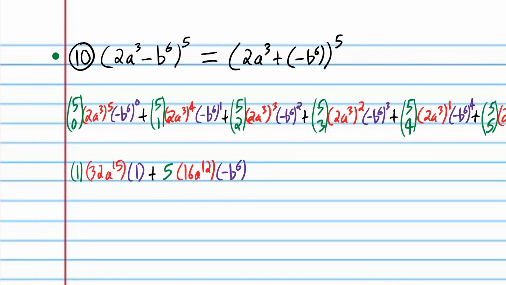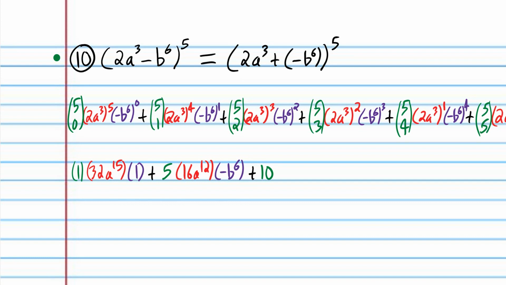And how many ways can you choose 2 things out of 5 things? That's going to be 10. And 2a cubed to the 3rd power is 8, a to the 9th.